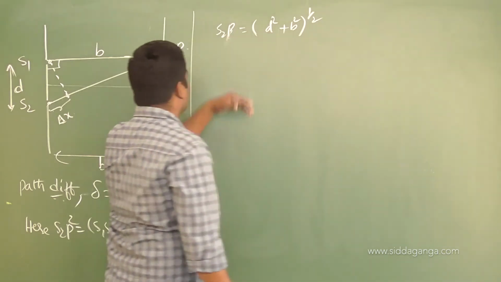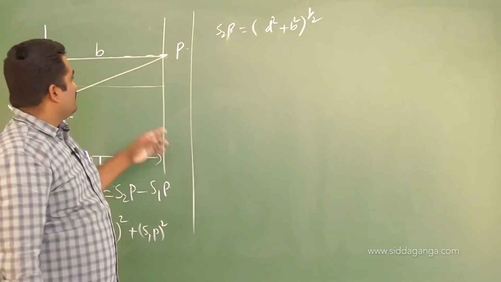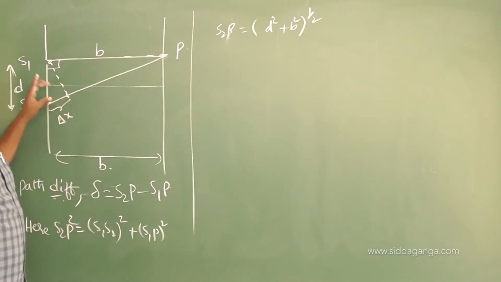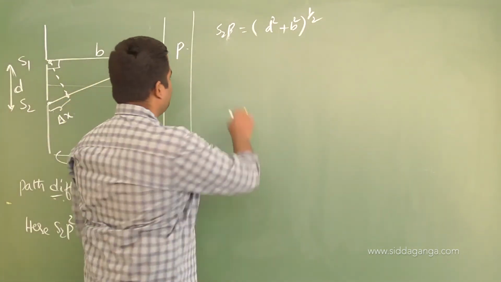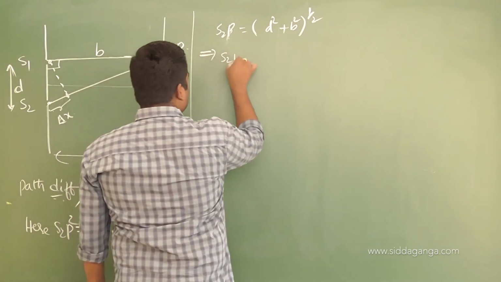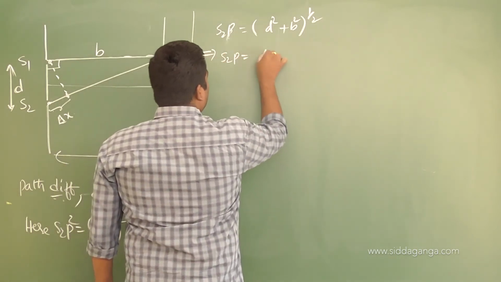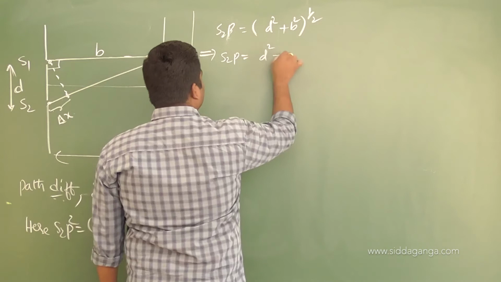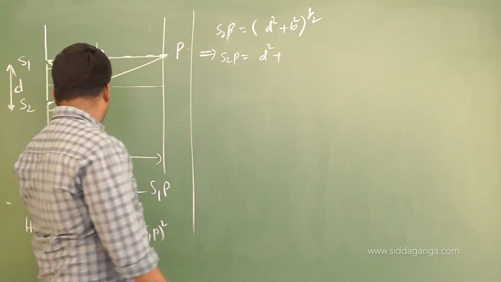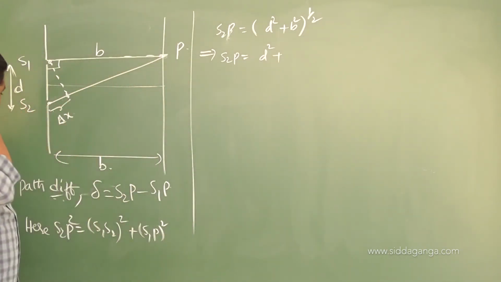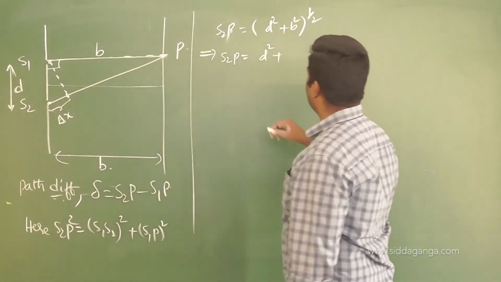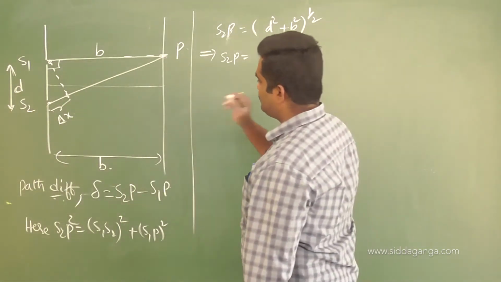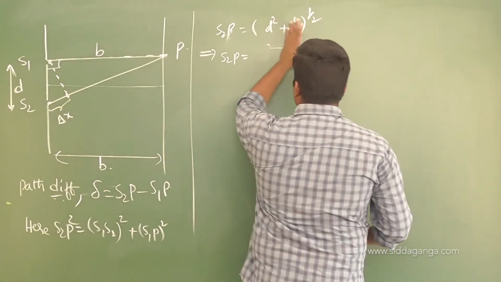The value of capital B is very high compared to the value of small d, so a small binomial expansion I am going for. From this, S2P will be equal to B square plus d square, where d is the very small value, so we go for the small d.